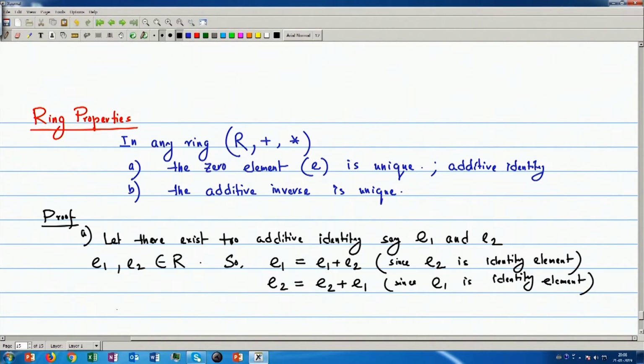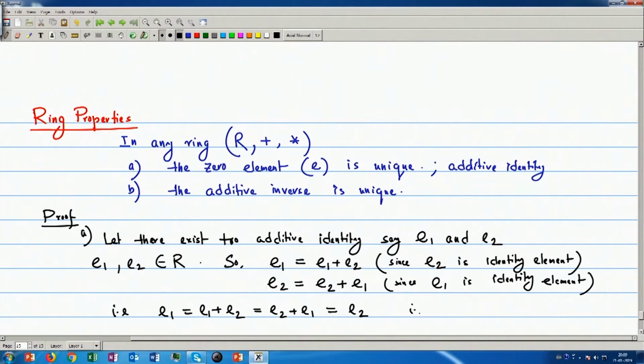So, that means e1 equal to e1 plus e2, and since it is commutative with respect to addition, this equals e2 plus e1, equal to e2.